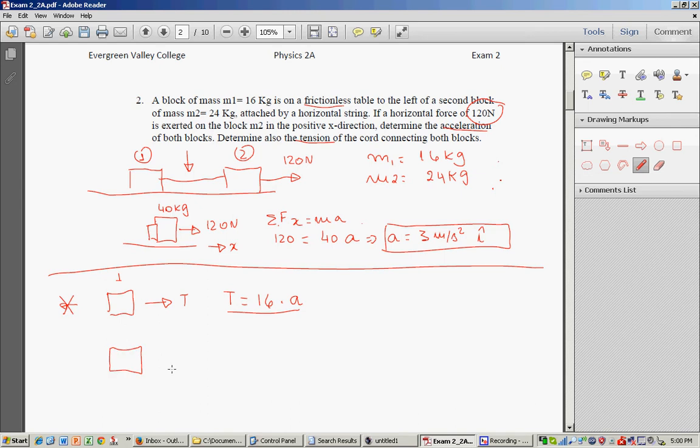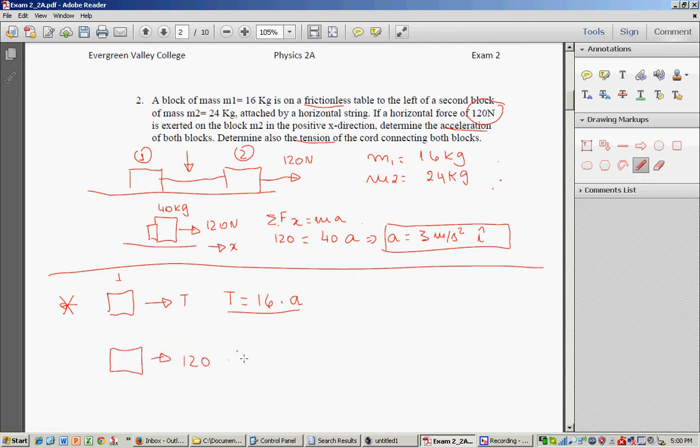Now, when you go to the second block to determine the second possible equation we can apply, we do our free body diagram on it. I'm not connecting the vectors all the way to the box because I get some funny thing when I highlight, and I'm still learning how to use this tablet.